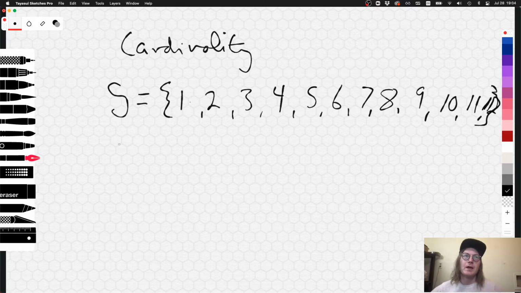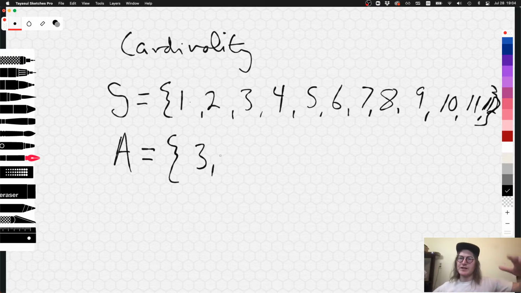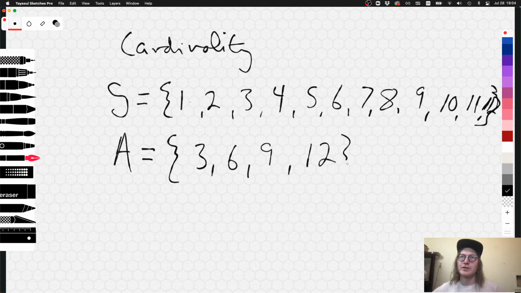All right. So let's say we have a strict subset of S called A. This is the subset of rolls of a 12-sided die that are 3, 6, 9, and 12, right? So multiples of 3.